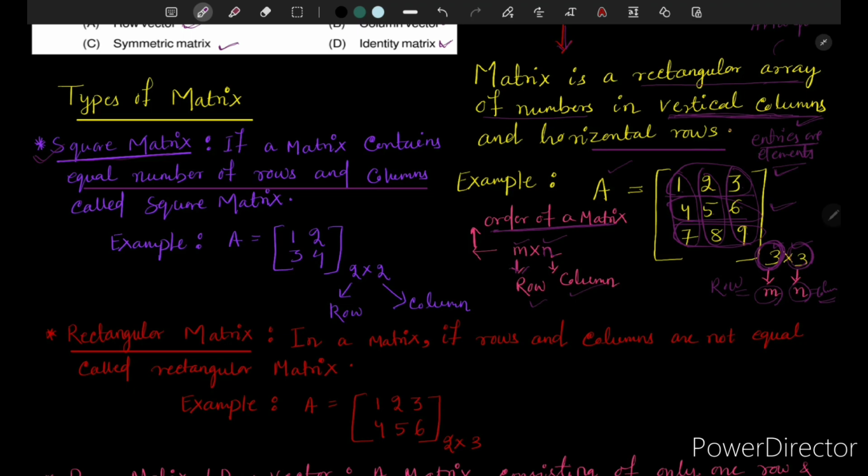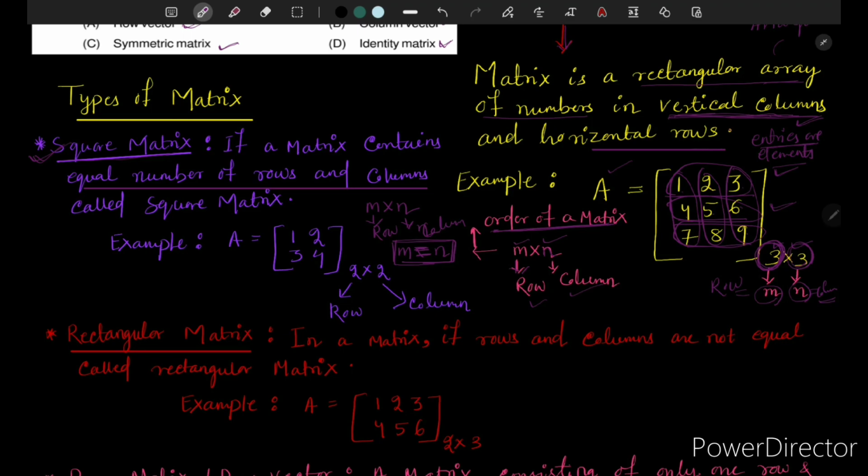I have already told you that if m by n is the order of the matrix, where m equals row and n equals column, and in a matrix we find m equals n, that means row equals column, then we can easily call it a square matrix.